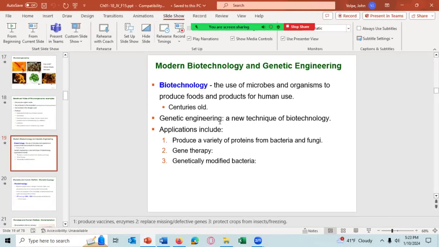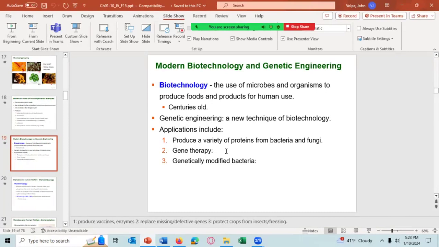Applications of genetic engineering include producing a variety of proteins from bacteria and fungi, like penicillin G, which I don't think is a protein. I think that's another molecule.